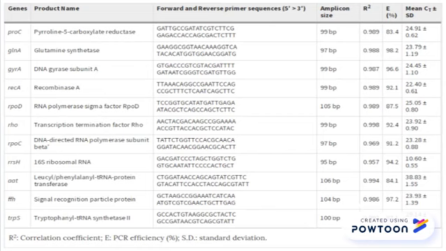This table shows the primer sequences specific for each selected candidate gene and the corresponding size of the amplicon for the K. pneumoniae strain ATCC 10031. This table also displays that the PCR efficiencies range from 83.4% for pyrroline-5-carboxylate reductase to 98.2%.